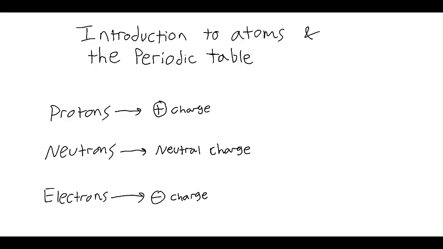And it's important to keep in mind that positive and negative charges are attracted to each other, so protons and electrons are electrically attracted to each other. Protons and neutrons are found in the nucleus of an atom.